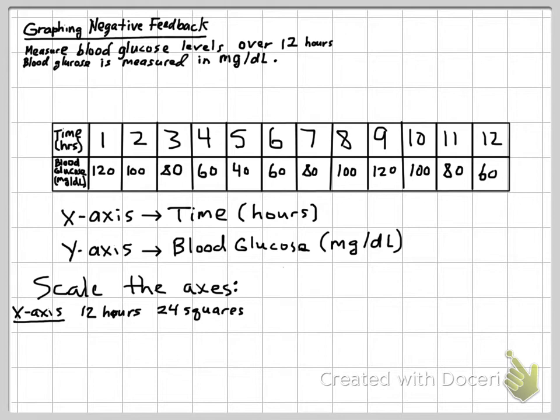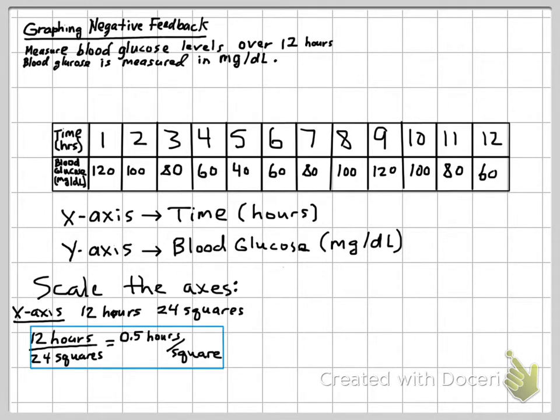So how are we going to calculate how much each square is worth? It's a division problem: we take the number of hours and divide it by the number of squares. That gives us 0.5 hours, or a half hour, per square. We want to keep it in hours, not minutes. So every 2 squares is 1 hour.